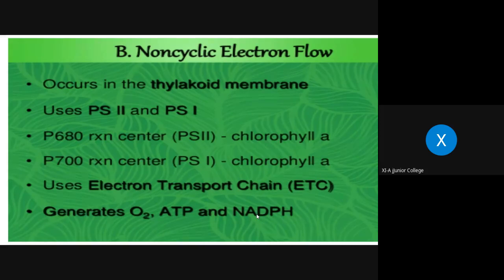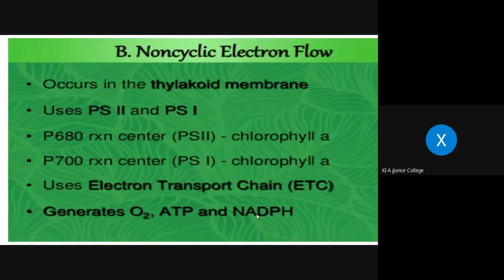And here also there is transportation of electrons. Electrons are transferred from one electron carrier and accepted by another, but that flow is not cyclic. The electron which is released from photosystem 2 doesn't come back to photosystem 2, but is accepted by photosystem 1. Then from photosystem 1, the electron is released and accepted later.